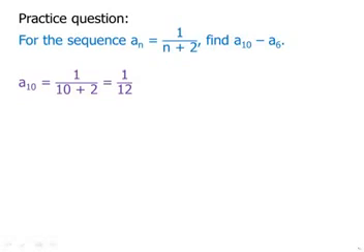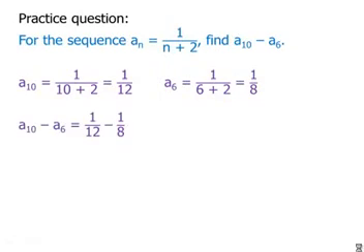For n equals 10, we get a sub 10 equals 1/12. For n equals 6, we get a sub 6 equals 1/8. And now we're going to subtract these two. 1/12 minus 1/8. This is 2/24 minus 3/24. We actually get a negative number, negative 1/24. And that's the answer.